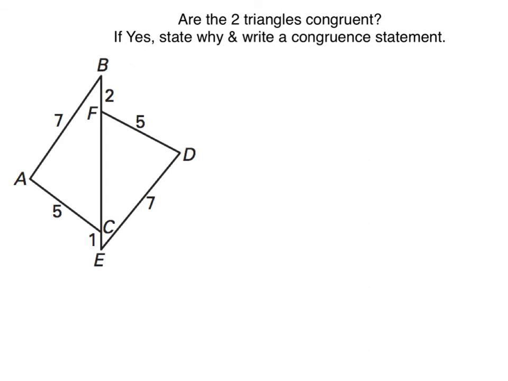All right, another example to work from. Here right away, I'm going to start with this length AC is 5, and notice I have this other length as well that is also 5. If they have the exact same length, then I can say I have a side congruent, AC is congruent to.